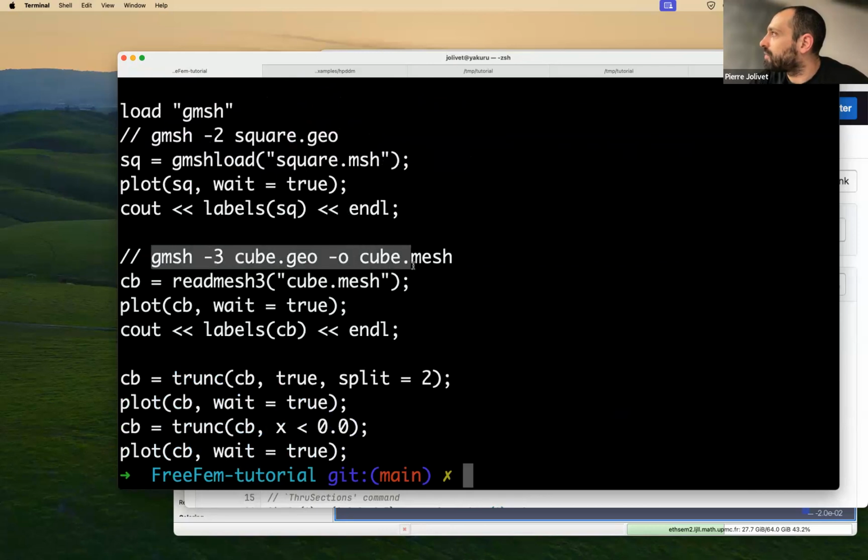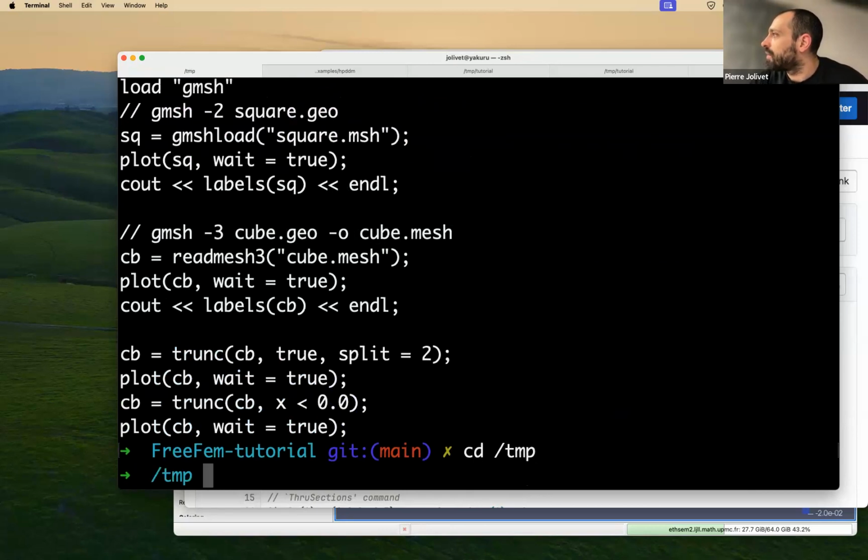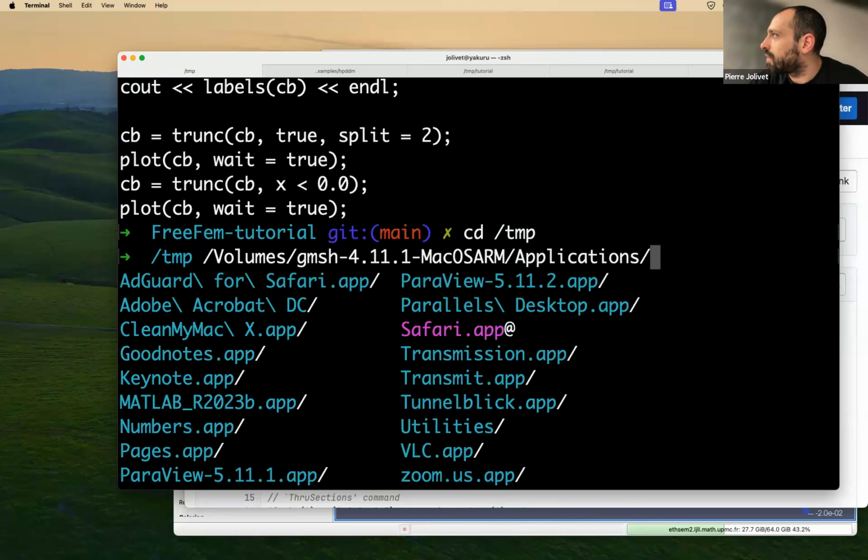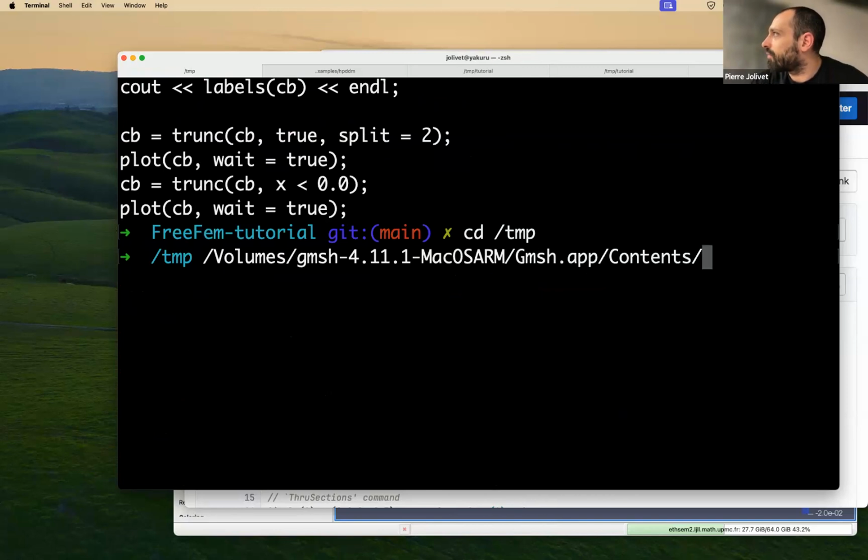Read mesh, not okay. Application, no. Volume, gmsh, no, resource, no. Application, no. Yes, thank you.